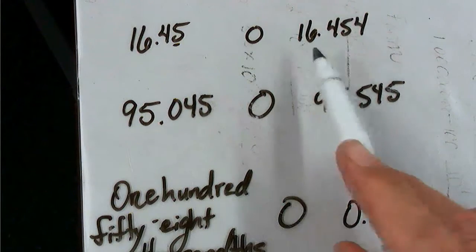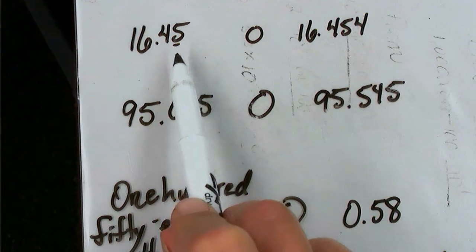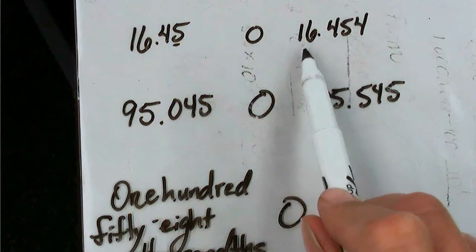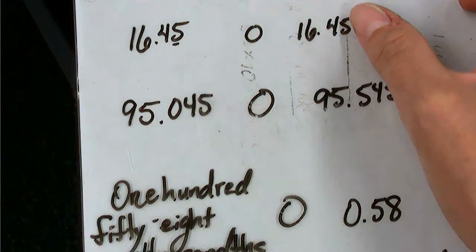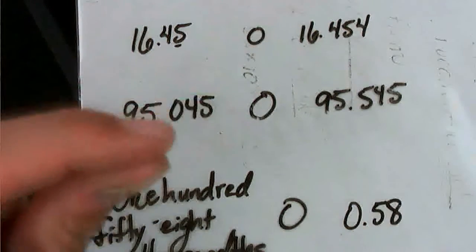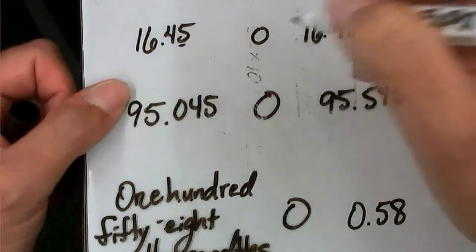If you had 16 sandwiches, and you also had 45 hundredths of a sandwich, you've got a lot of sandwich. However, if you had 16 and you still have your 45 hundredths, but then you throw in 4 thousandths more sandwich, this is more sandwich.